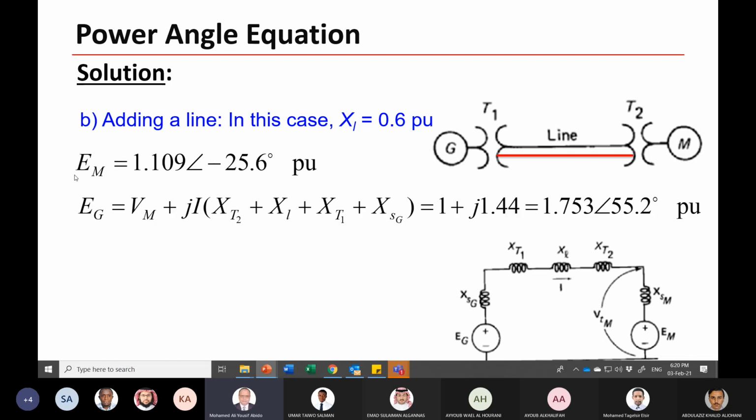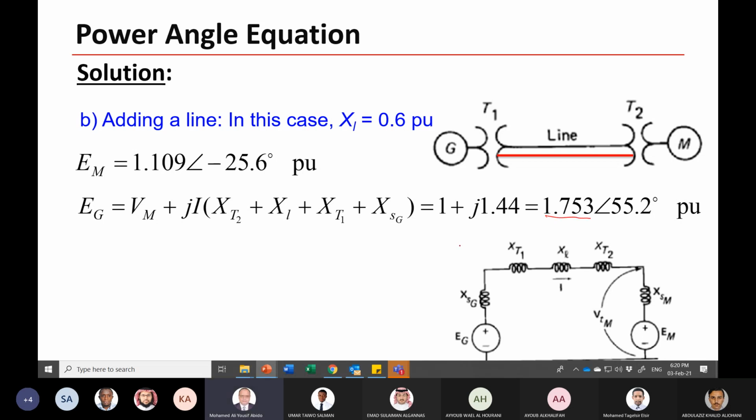If you take the terminal voltage of the motor as your reference, the EM is the same, but the effect comes in EG, because this reactance is now different. XL here, instead of 1.2, becomes 0.6.